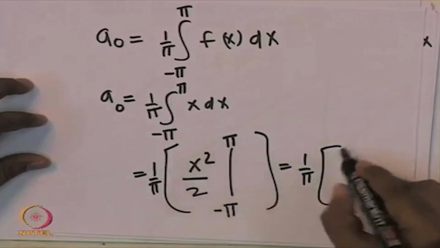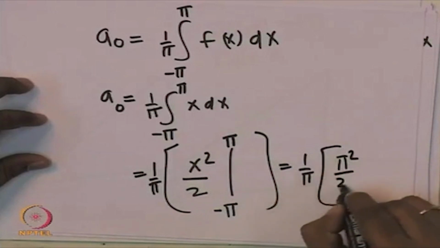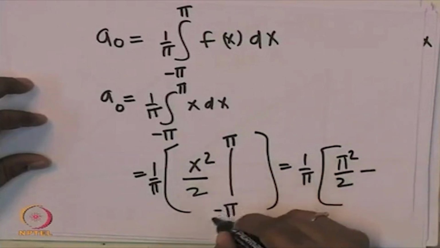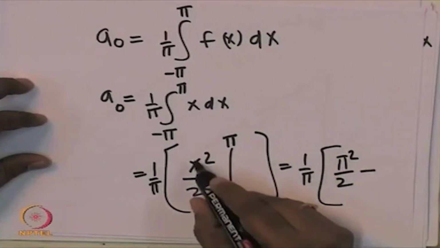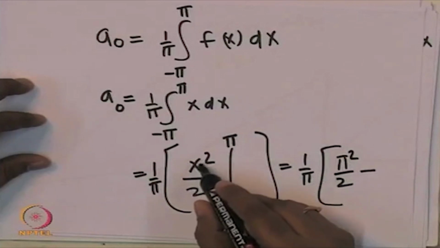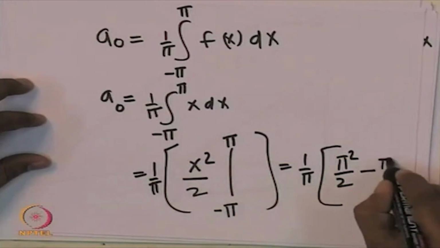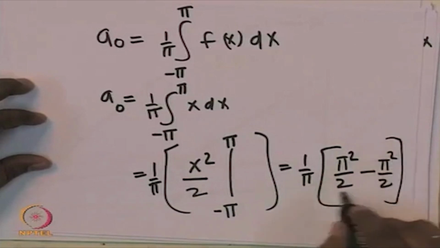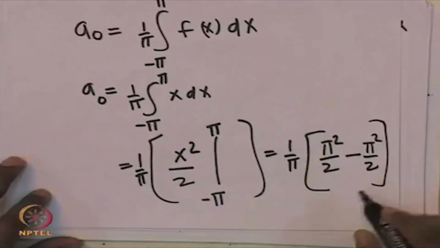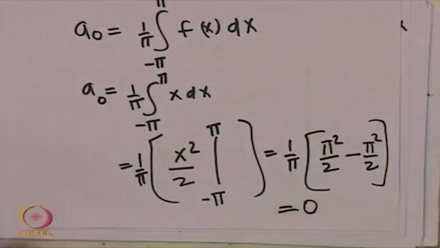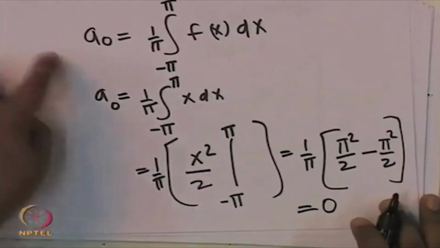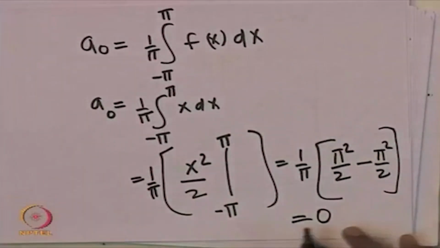So, it is like pi square by 2 minus, when x is equal to minus pi, it is minus pi whole square, which is pi square by 2 itself. So, it's pi square by 2 minus pi square by 2, which is 0. So, it turns out that a 0 is 0, that is what we get.